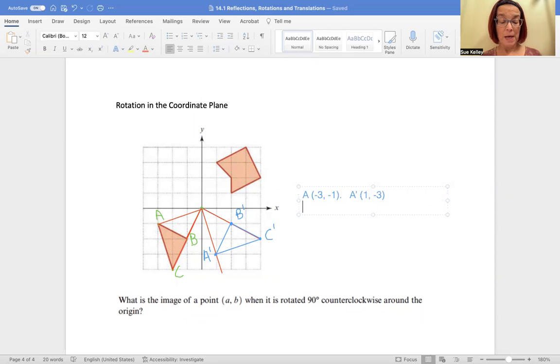Again, we're looking for a pattern. Point B is at -1, -2. And B prime is at 2, -1.